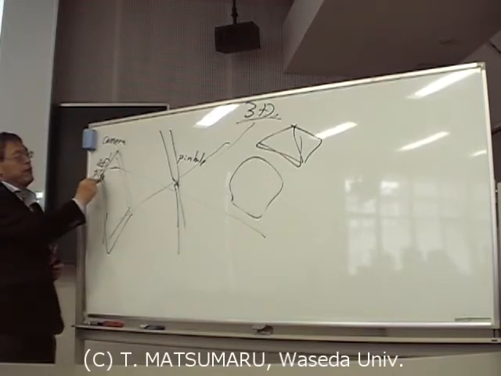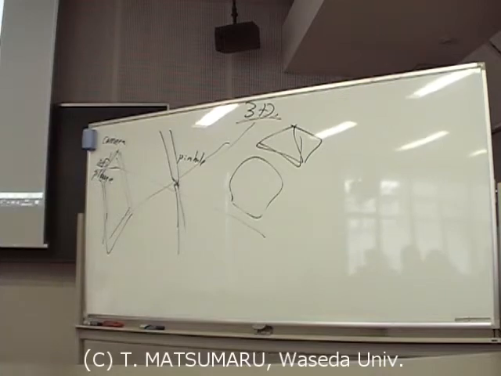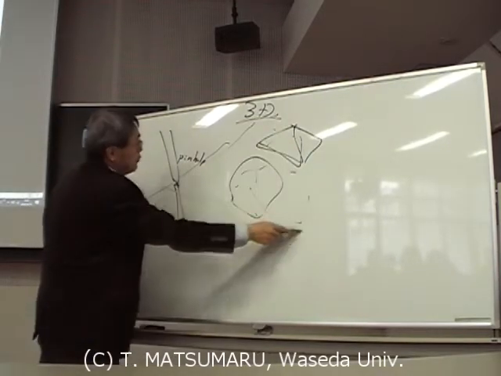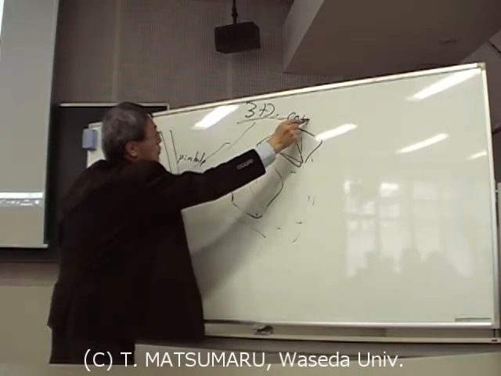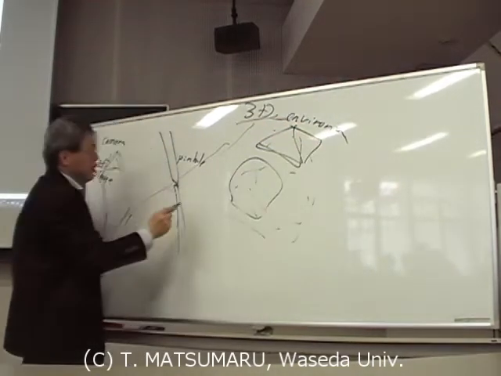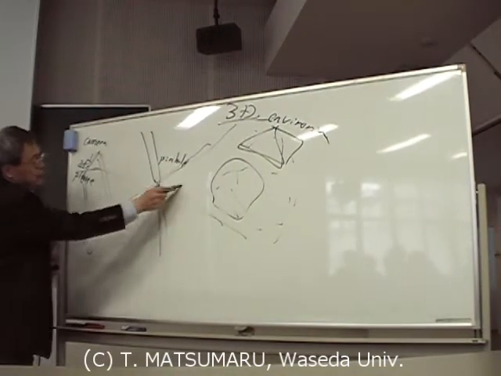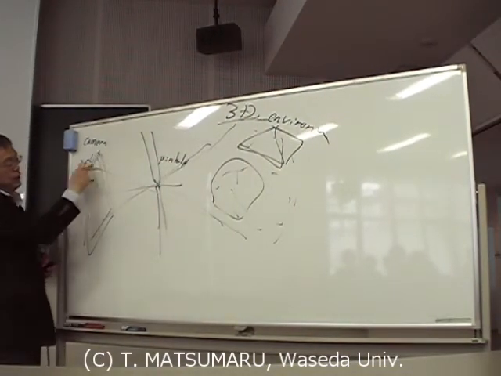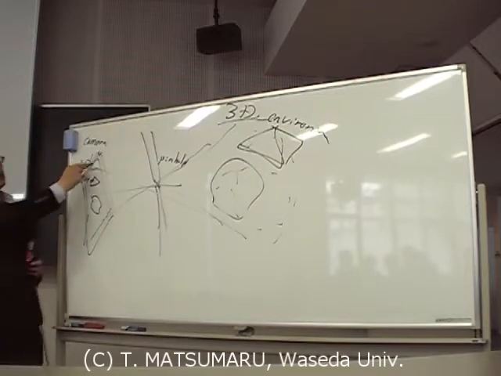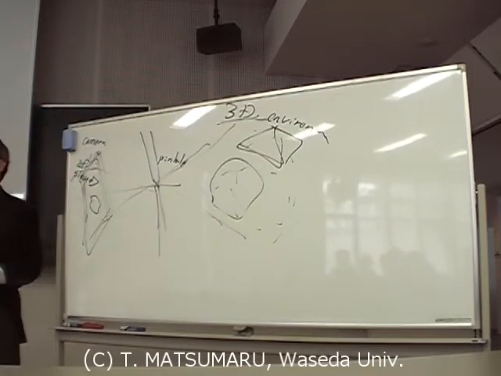A general 3D object in the environment passes through this focal point, the pinhole, and is projected here: the triangle part and some object part are projected onto the two-dimensional plane.